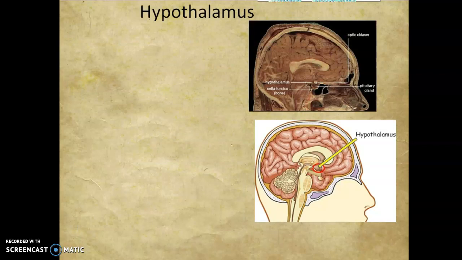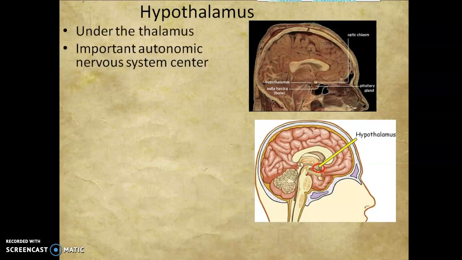Now the hypothalamus. Hypo means below, so this is the part of the diencephalon that is below the thalamus, and it's its own specific part. It is important in your autonomic nervous system. If you remember from earlier this chapter, autonomic sounds like the word automatic, so it's responsible for a lot of the involuntary things.